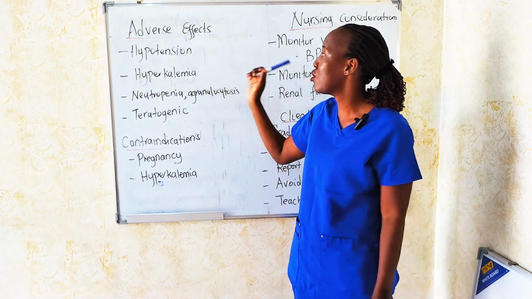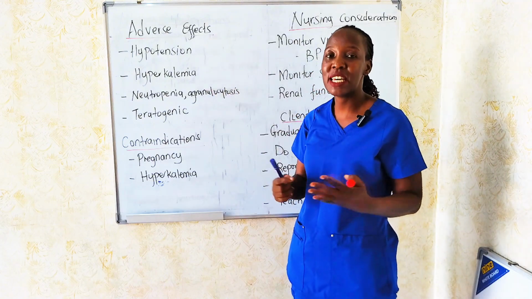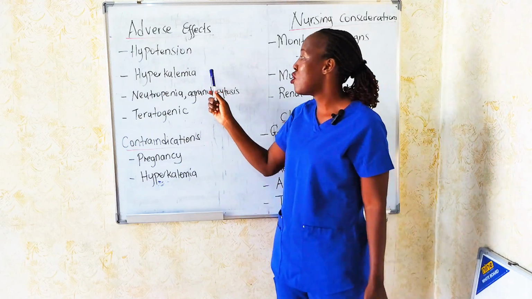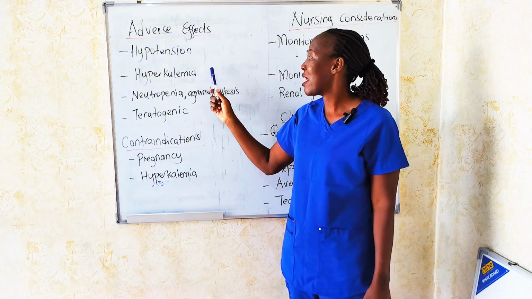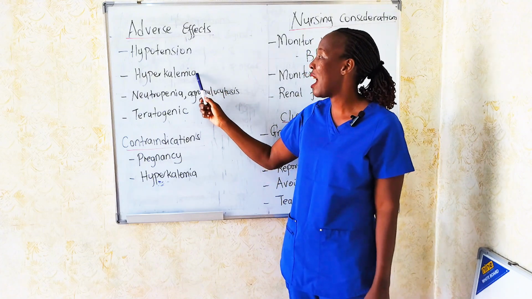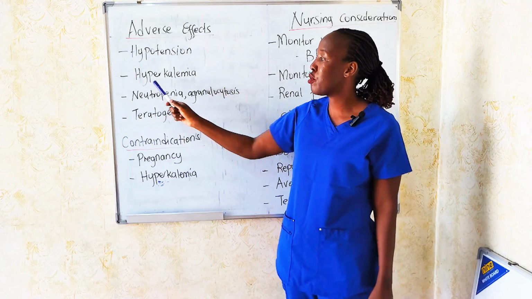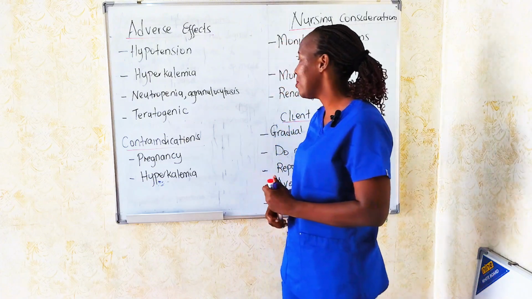And the hypotension is again worse in clients who are also taking other antihypertensives. Then, because the drugs are going to block the effect of angiotensin 2 on the adrenal gland, we will have less aldosterone, so we lose sodium and we retain potassium. So we end up with a hyperkalemia.